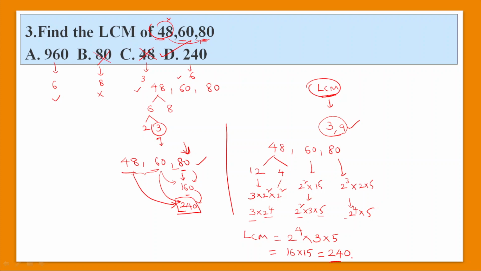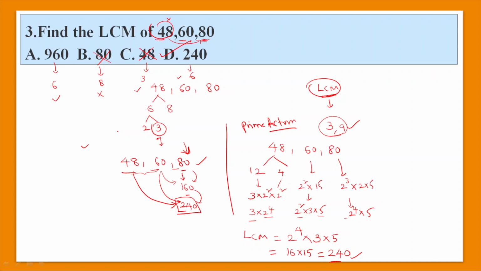So the LCM of these numbers, by this method also, we are getting the same answer. Whether you go with the prime factorization method, the long division method, or checking with the divisibility rules, you'll get the same answer. All you need are the basic concepts discussed in the earlier classes.